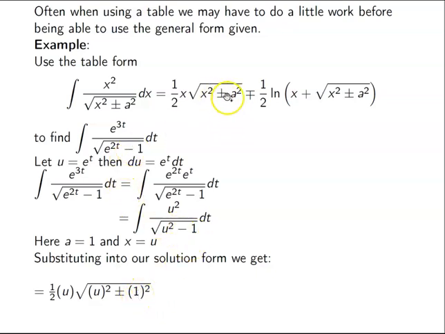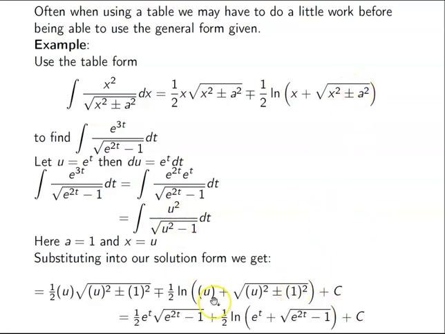This is the minus, so if we're using minus here, we will use a minus here. There you go. Opposite sign here: 1/2 natural log of u plus or minus the square root, plus c. So now when we put the signs in that we need, I got the minus 1 here. This one is the opposite, right? And this one matches here. This one is always a plus.